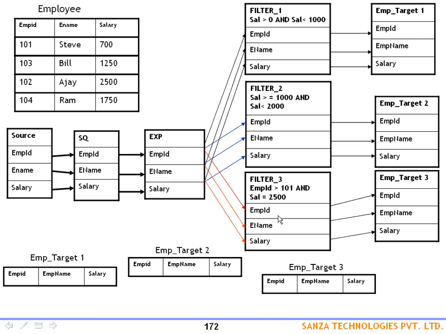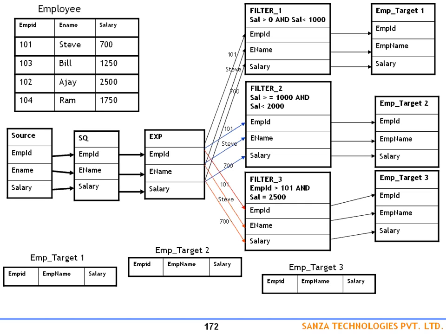So if you create a mapping like this with filter transformations, what happens? As I said, when you execute it, the Informatica server will extract the complete data from the source, put it in the Informatica server, then release one record at a time. First record comes in, goes to the expression transformation, and the single record will go to all the filter transformations. However many filter transformations you have, it will go into all of them.